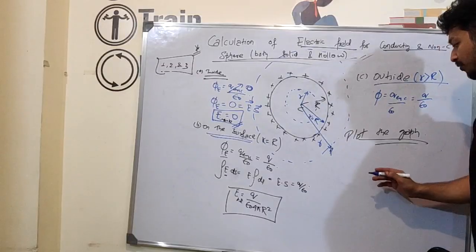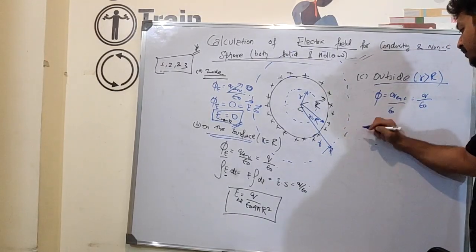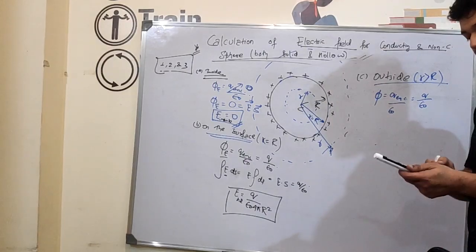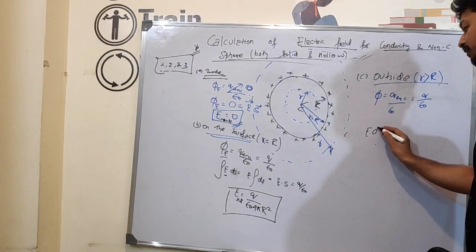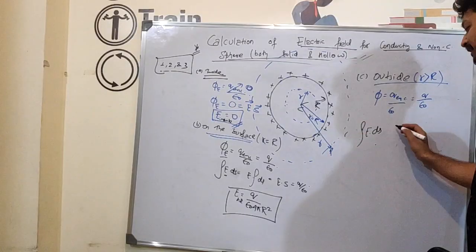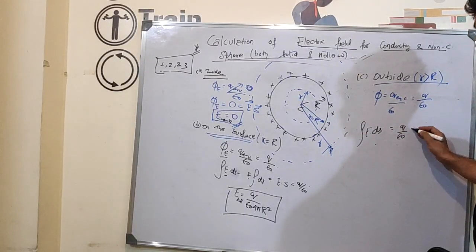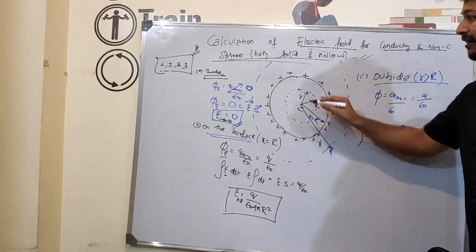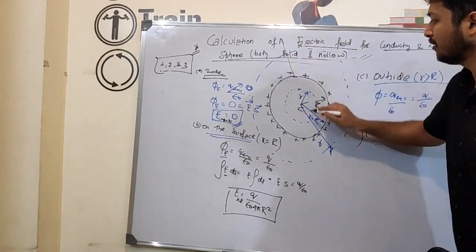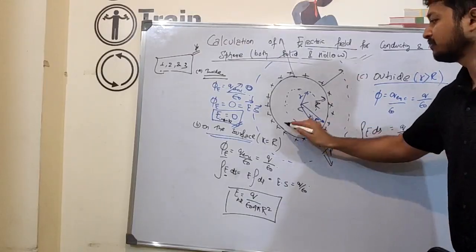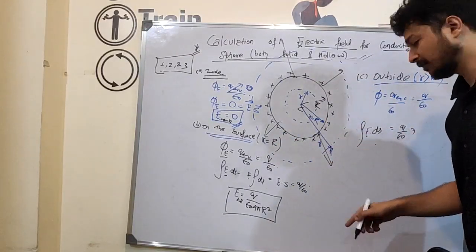Now, in order to calculate the electric field, we are again going to apply the same principle, that the electric flux will be equal to the integral of E dot ds, and that value will be equal to Q by epsilon naught. Since the electric field is radially outward at all the points, it will again come out of the integration.